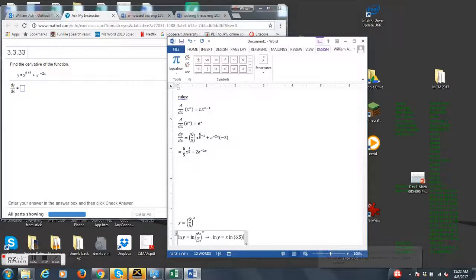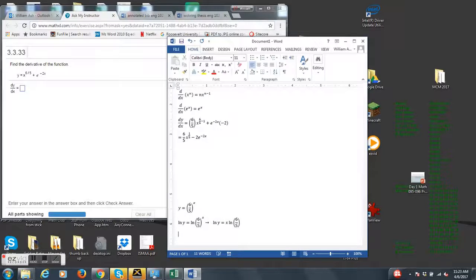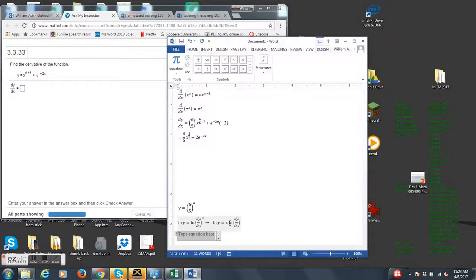Then I can just take the derivative of both sides, and I get 1 over y times dy/dx equals, now this x ln 6/5, that ln 6/5 right here is just a constant. So if it was 3x, the derivative is 3. So if it's ln 6/5 times x, the derivative is just ln 6/5.